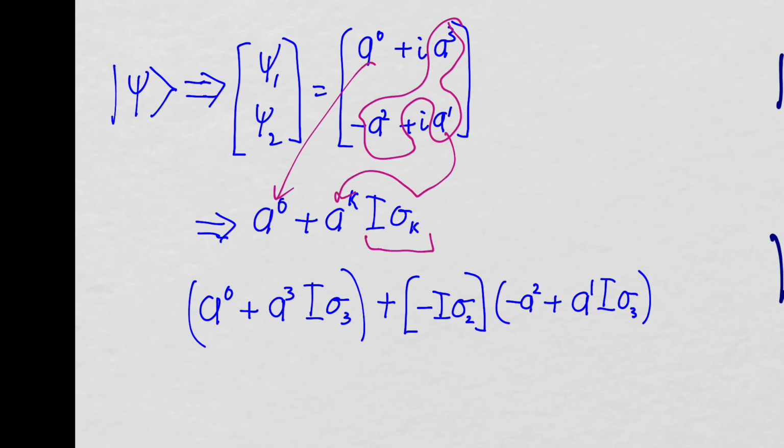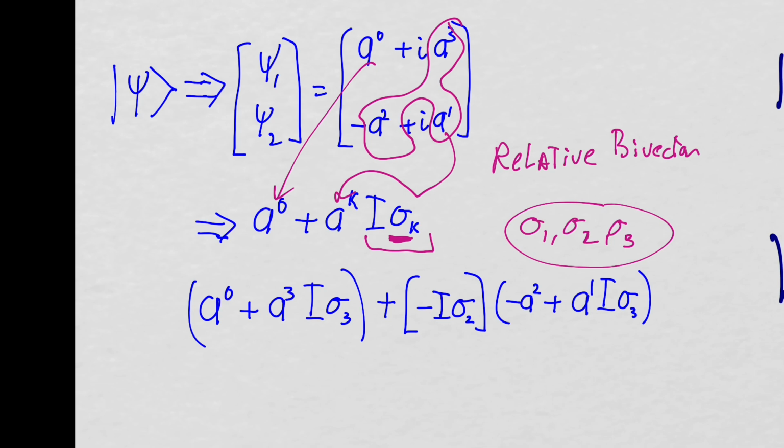And then this is a relative bivector. And it's a relative bivector because it's in the relative space where the 3 spatial vectors are sigma 1, sigma 2, and sigma 3, right? Where it's a 3-dimensional geometric algebra. In that space, this is the dual of a vector, which is a bivector.